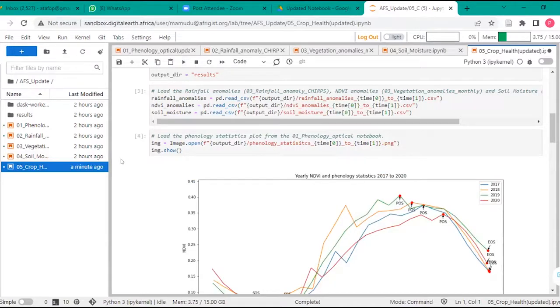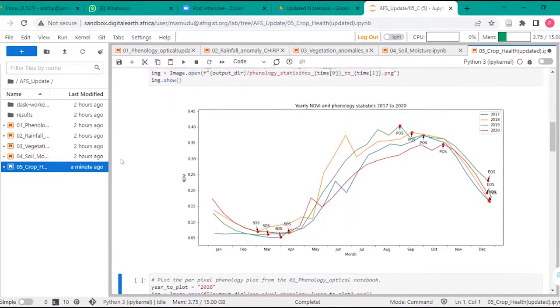Now, the phenology, as we have it from our phenology notebook, is what is given here. We can see the period for start of season for each of the years, the value at the peak of the season as well as the end of the season. These are data sets for 2017, 2018, 2019, and 2020.